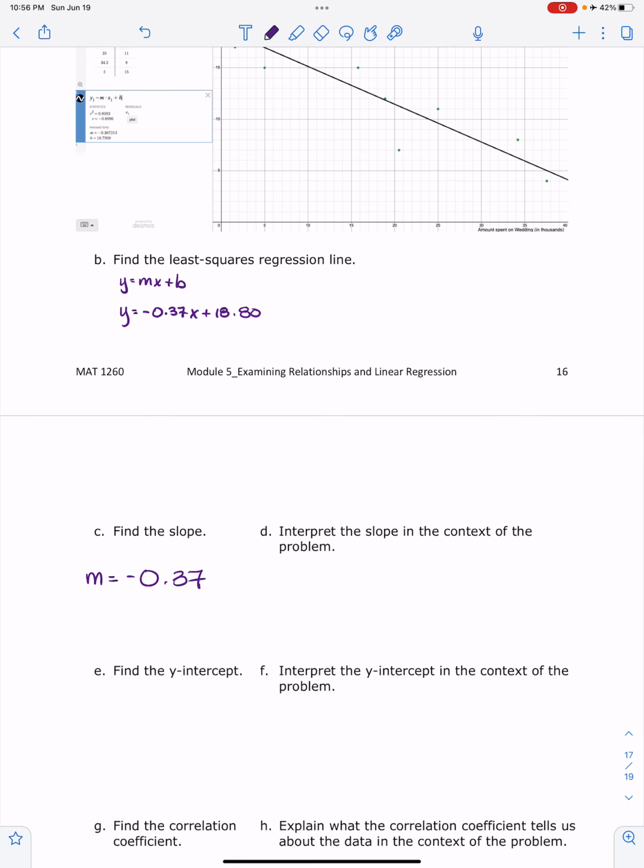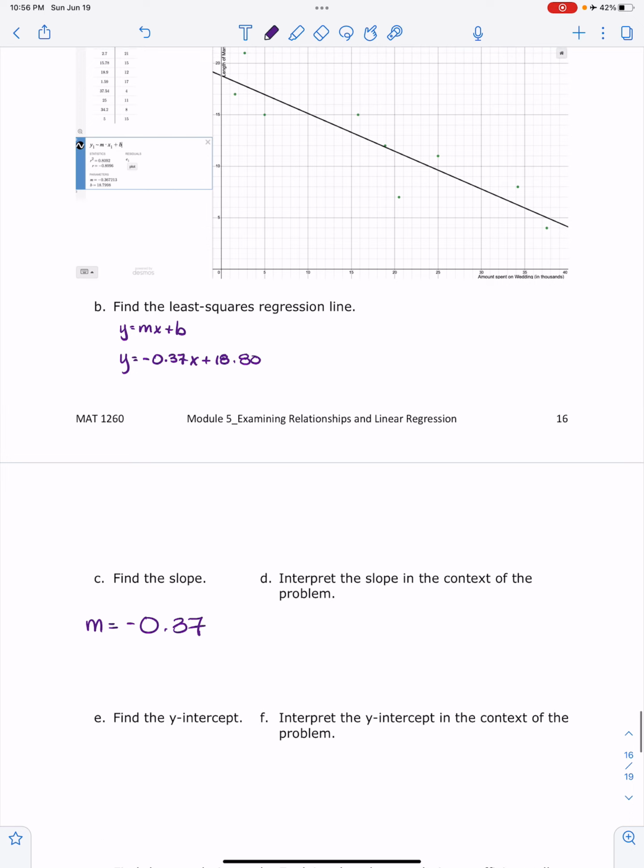If we want to interpret the slope in the context of the problem, keep in mind the amount spent on the wedding is in thousands.